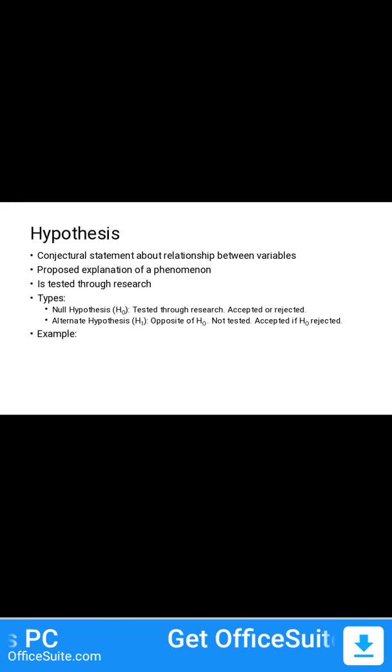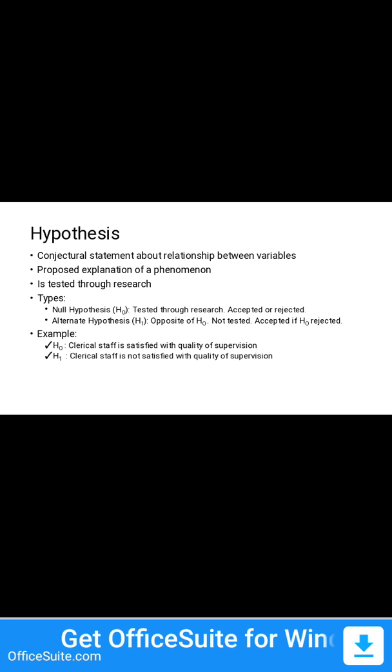Now let us take an example. We have said in the last slide that research objectives can also be stated in form of research hypothesis. So let us see if we can do that. The first objective was to find out whether clerical employees are satisfied with the quality of supervision or not. So we have tried to convert it into a hypothesis now, and the null hypothesis now comes out to be clerical staff is satisfied with the quality of supervision.